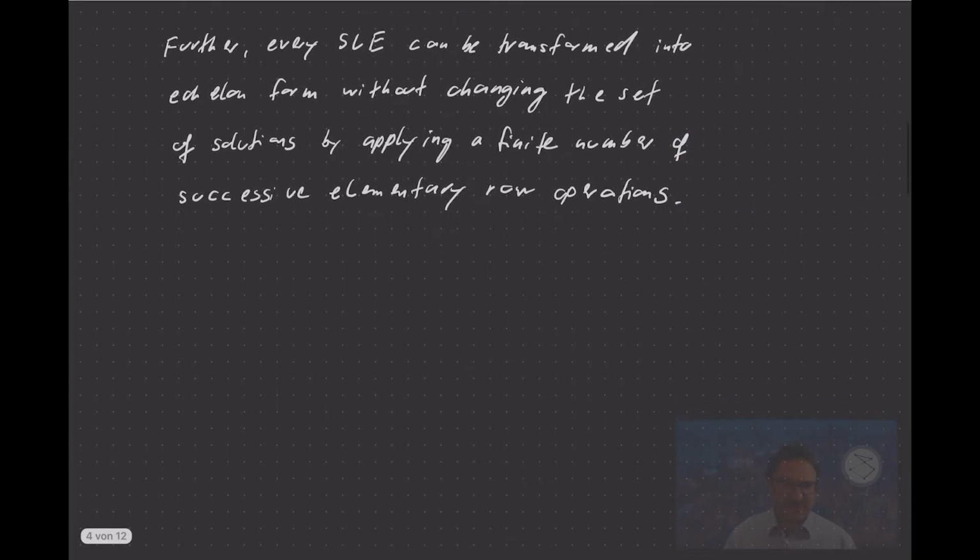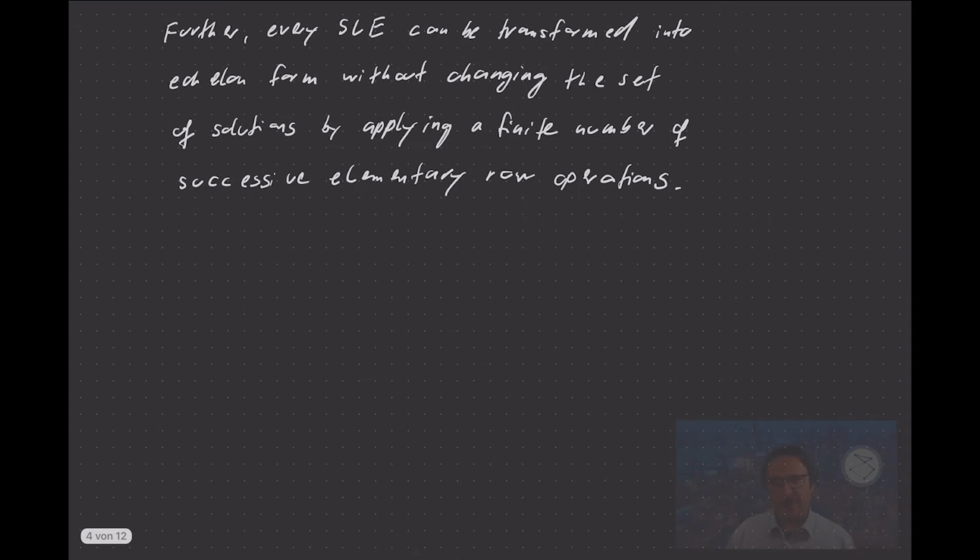So the question that remains is, of course, how do I apply these row operations in a systematic way? And we'll sum up that system in the so-called Gaussian elimination procedure.